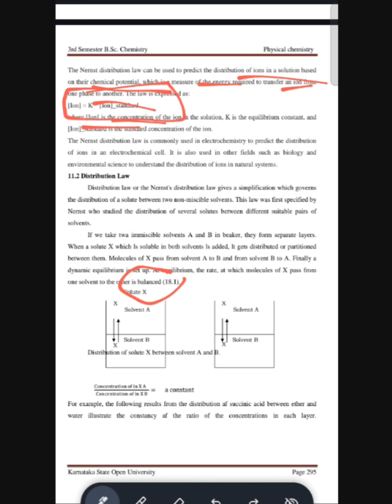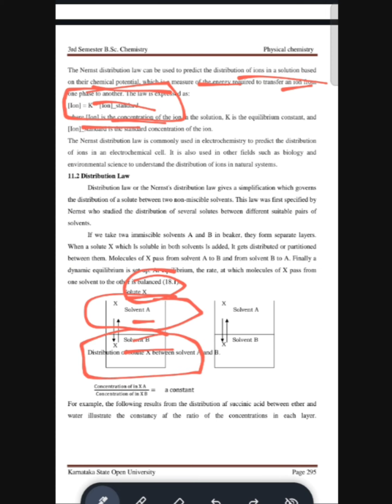For example, we add solute X to the beaker with solvents A and B. So the concentration of X in the solvent A portion, divided by the concentration of X in solvent B, is the constant. That is the equation given here. Concentration of X in solvent A divided by concentration of X in solvent B is equal to a constant.